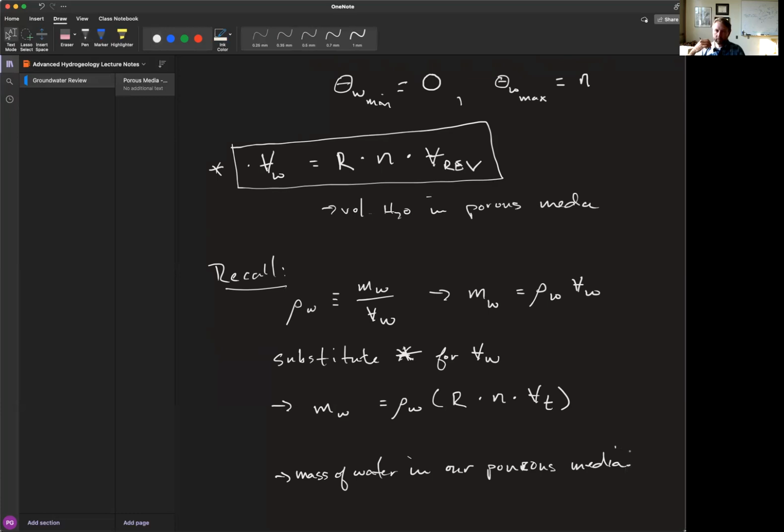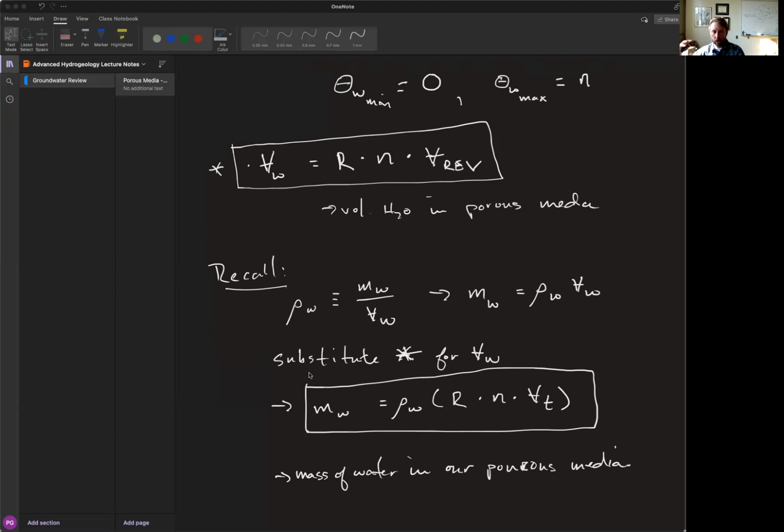Once again, a lot of what we do as subsurface hydrologists is try to think about how much water there is in a piece of porous media or a piece of the subsurface. This lecture was designed to help you recall properties of porous media, the space available for water, how we characterize the amount of that space taken up by water, and how we can ultimately calculate the volume of water in an REV.